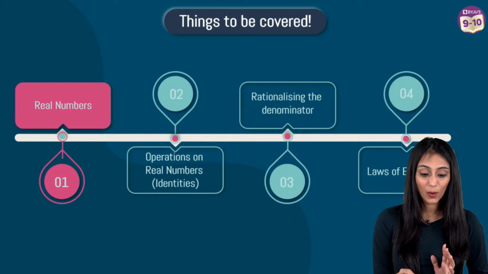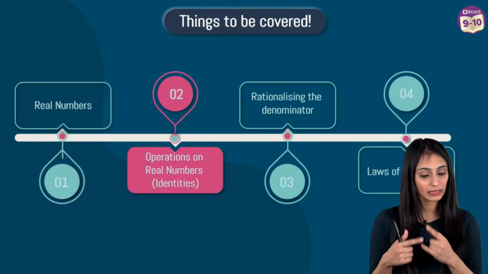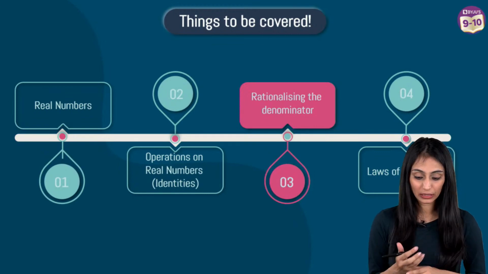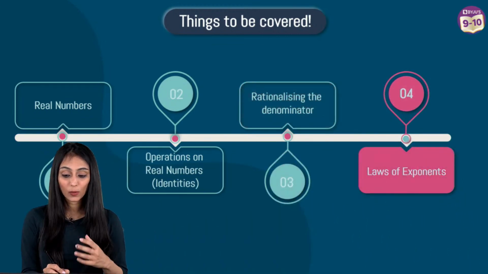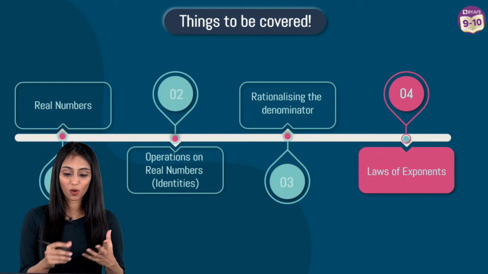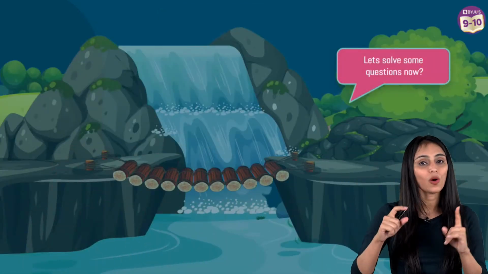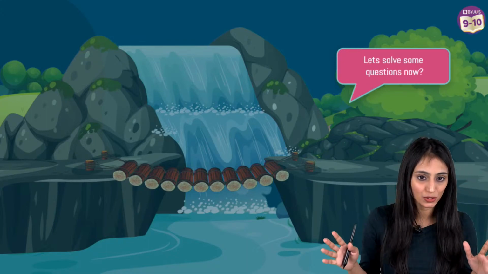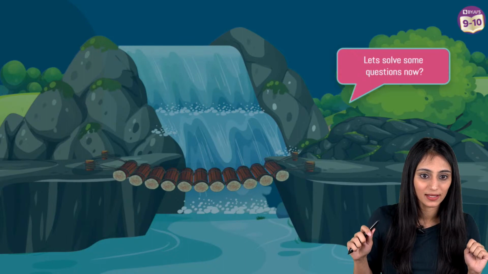And then we will talk about the operations on real numbers, some identities and all would be there. Then we will learn about how to rationalize the denominator. After that, we will talk about the laws of exponents. So all these things we have in our coming grade, right? So I'll be discussing all these things in detail in the upcoming session. So don't worry about that.